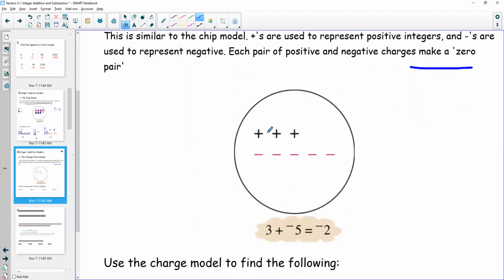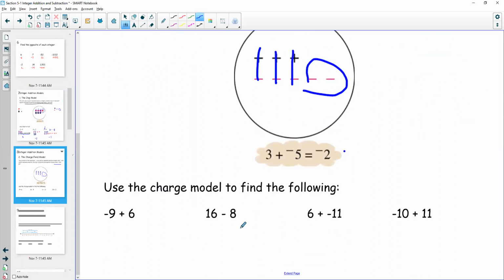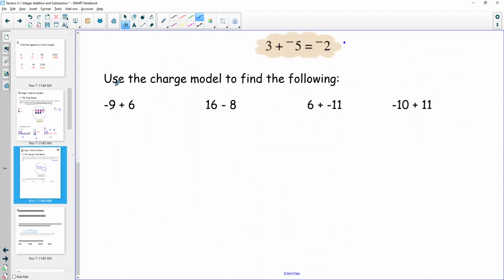So this is +3 plus a -5. So I'm going to make my zeros. What's left is -2. So do the same thing, make charge fields for the problems here, okay? Take a minute and do that. So you're drawing plus signs for positive numbers and minus signs for negative ones.